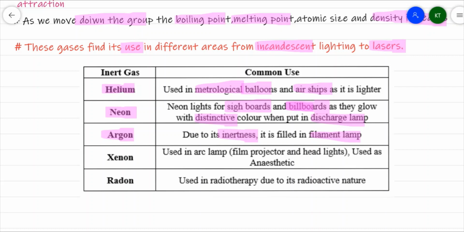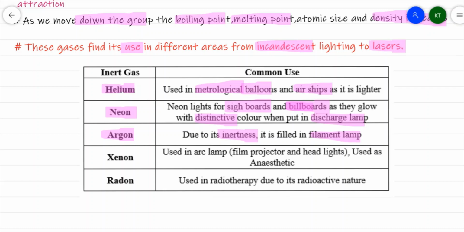But if it is filled with argon, the tungsten filament gets heated up, but at higher temperature it will not react with argon because of its inertness. So it prevents the tungsten filament from getting oxidized or combined with other things. That's why argon is filled inside to give an inert atmosphere.